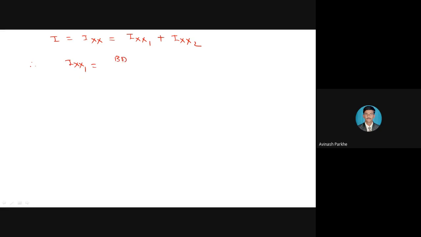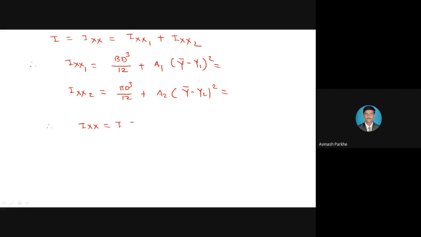Ixx1 is equal to BD cube by 12 plus A1 (y bar minus y1) whole square, and Ixx2 is equal to BD cube by 12 plus A2 (y bar minus y2) whole square. And tell me the value. Capital I is equal to Ixx1 plus Ixx2.